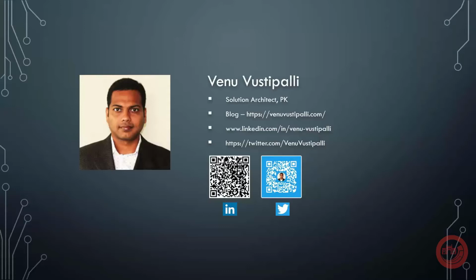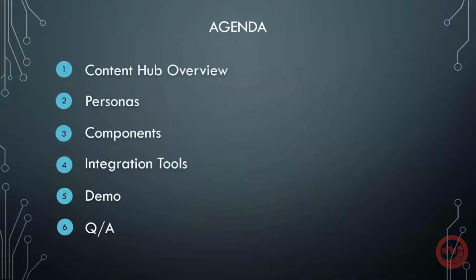So that's my background, and with that, let's look at today's agenda. Like I mentioned, firstly, a quick overview on Content Hub, just to refresh our understanding on what it exactly is. Then we look at the personas or roles that use the system on a daily basis.